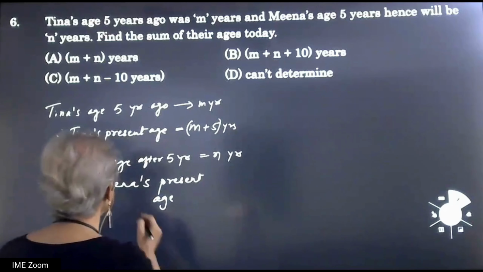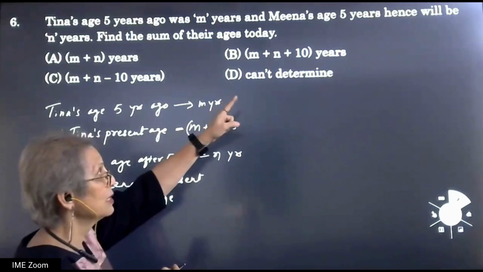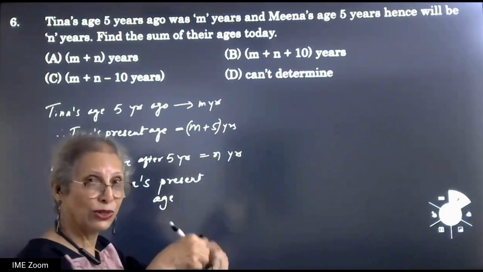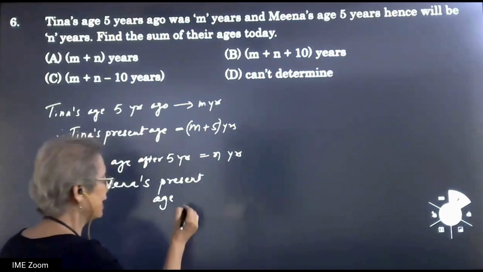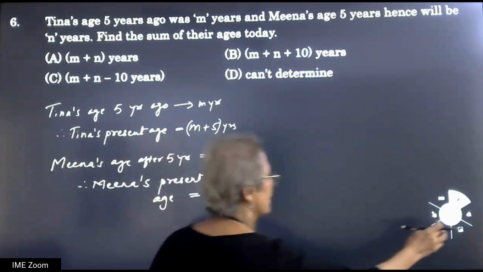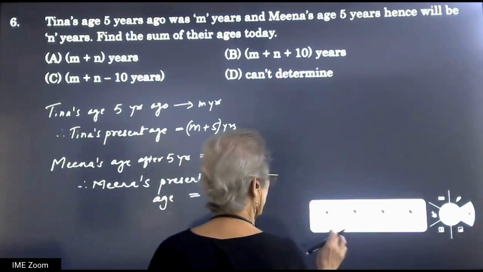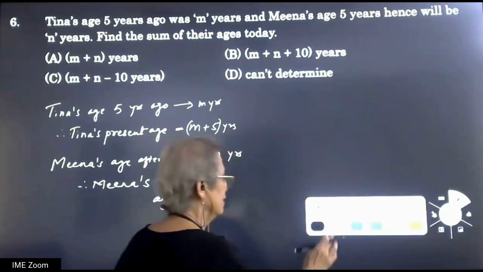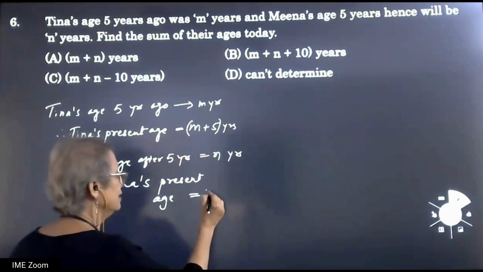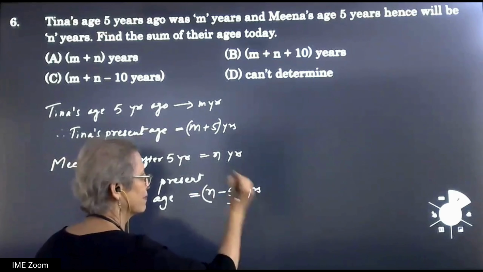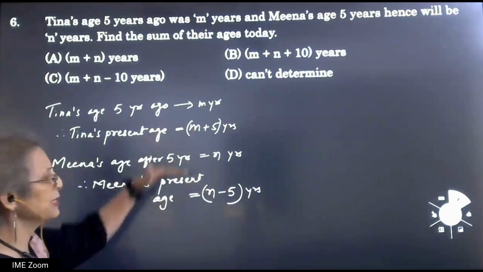Okay. So here Meena's present age. Now she will be N years old after 5 years. So what is her age now? Subtract 5. It is N minus 5, not M. Now these are their present ages.